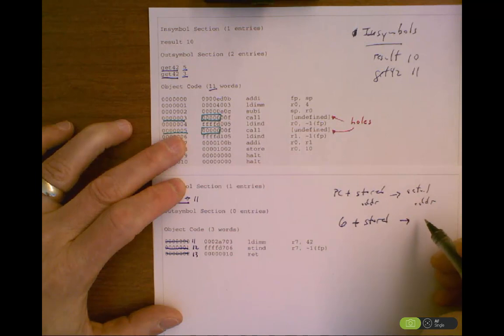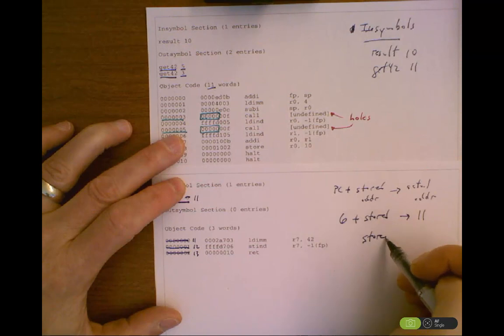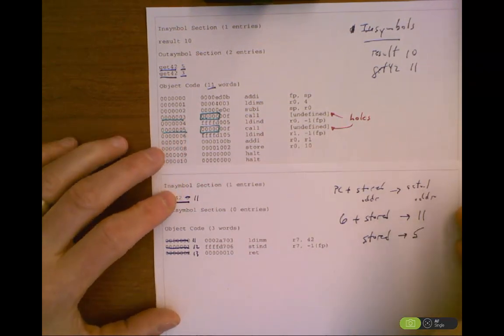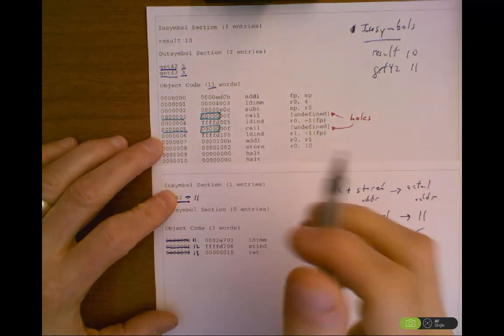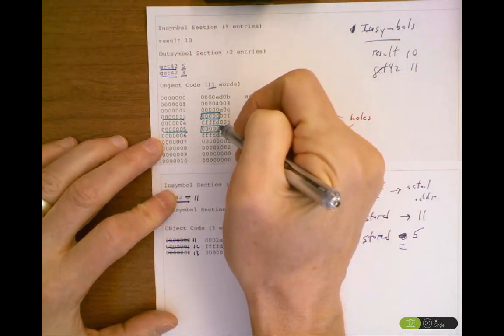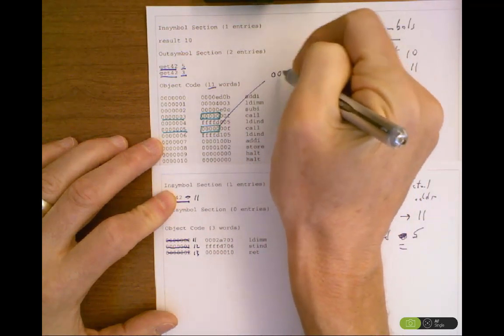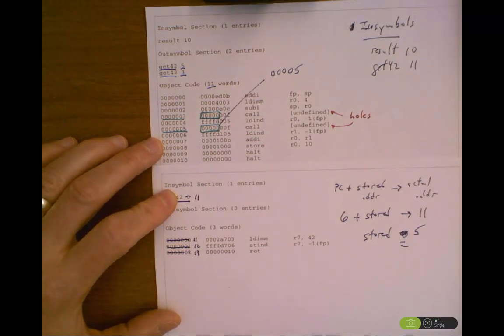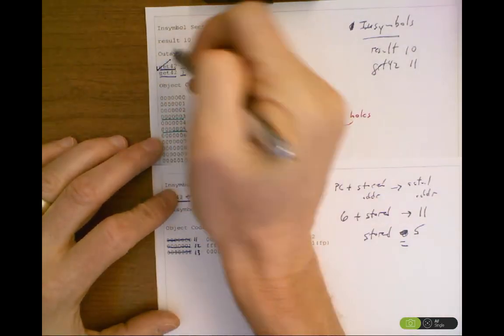We want it to produce get42, which is at address 11. So what we need to have stored is actually 5, right? So stored equals 5. So what would be placed into this address field would be 00005. We'd fill that hole in with a 5. Okay. So that takes care of this one.